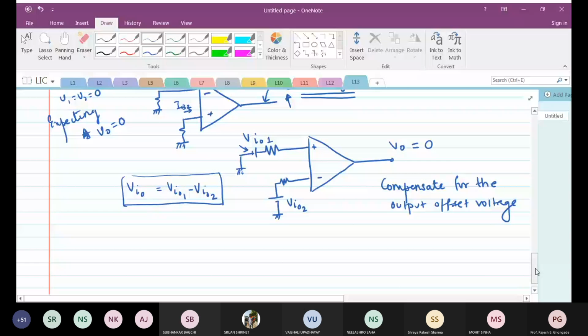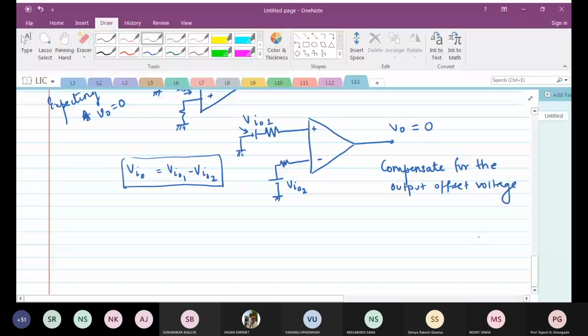Are you able to understand this, guys? What is input offset voltage? It is the offset voltage which I have to provide so that the output voltage becomes 0. This should be your starting point.